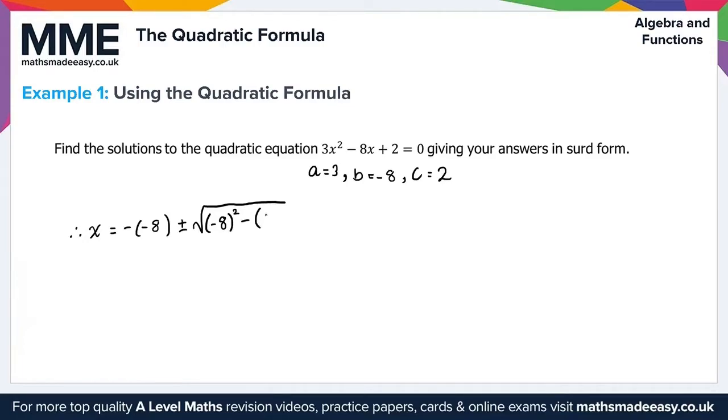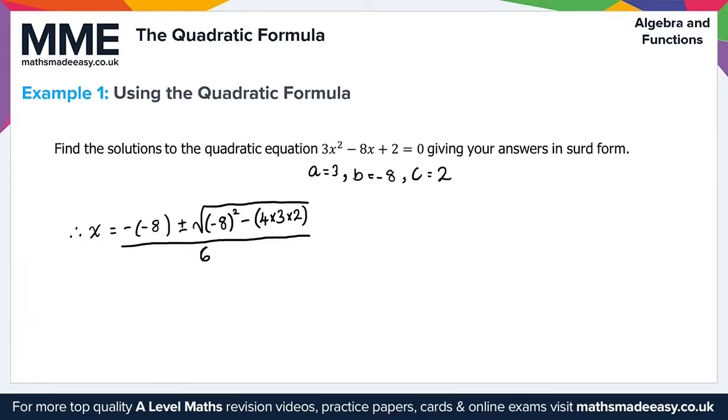So I like to put this all in one bracket just to be careful for negatives. So this is 4 times a, which is 3, and then times c, which is 2. And then finally, this is all divided by 2a. So that's going to be 2 times a.